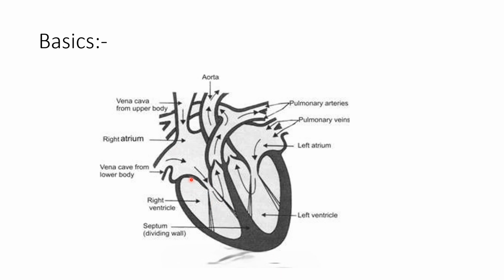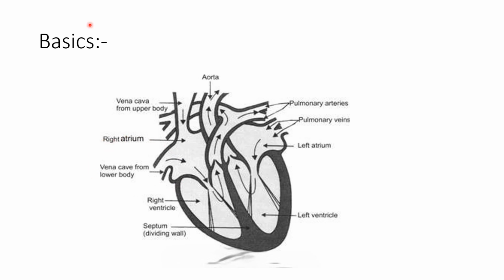So now we can see the ultimate part. This is the right atrium. The chamber above the right ventricle is the right atrium. It has the two largest vessels, which are known as the vena cava. So this is the vena cava from the upper body, and this is the vena cava from the lower body.